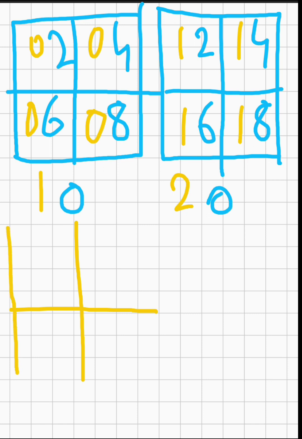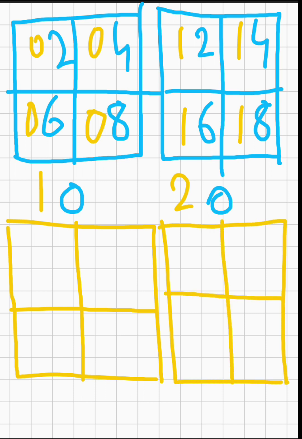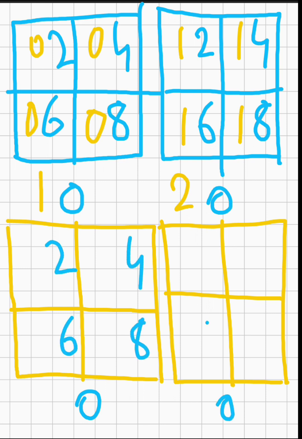Then we will draw 2 more squares of 4 boxes each. Fill the numbers the same way, same color also: 0, 2, 4, 6 and 8, and 0, 2, 4, 6 and 8.